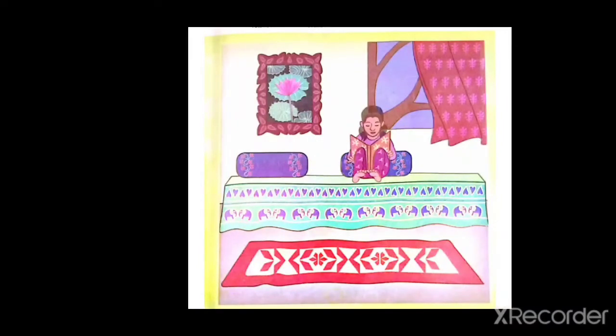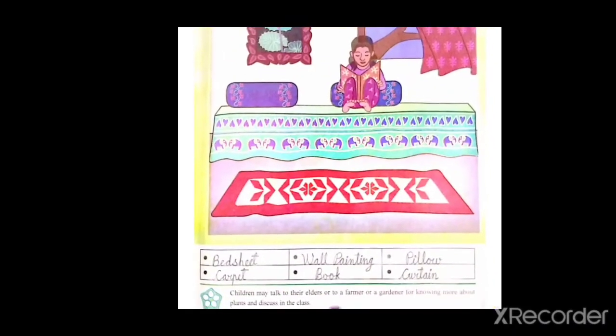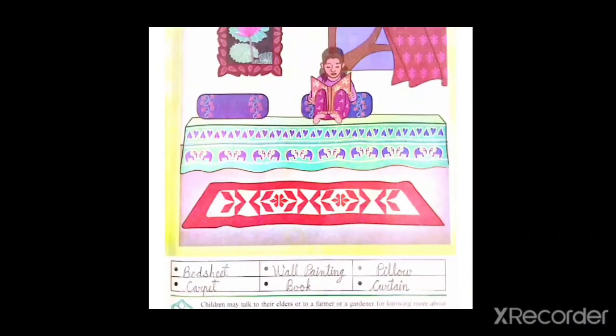We can see the leaves and flowers on the bed sheet, on the wall painting, on the pillows, on the book, carpet, as well as on the curtain. Now you have to write down here: bed sheet, wall painting, pillow, carpet, book and curtain.